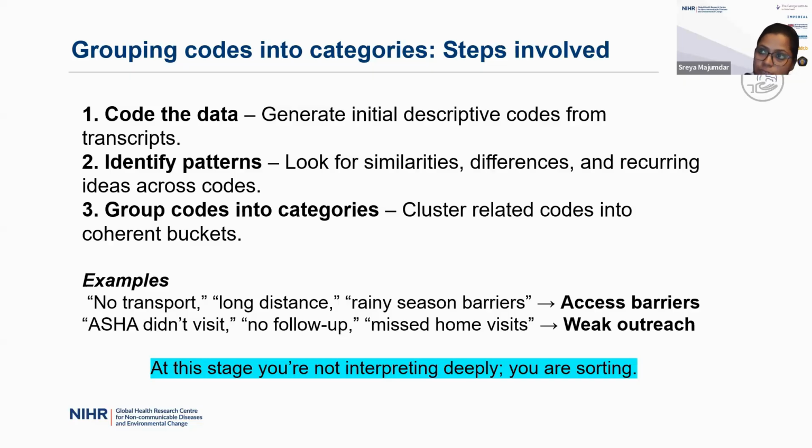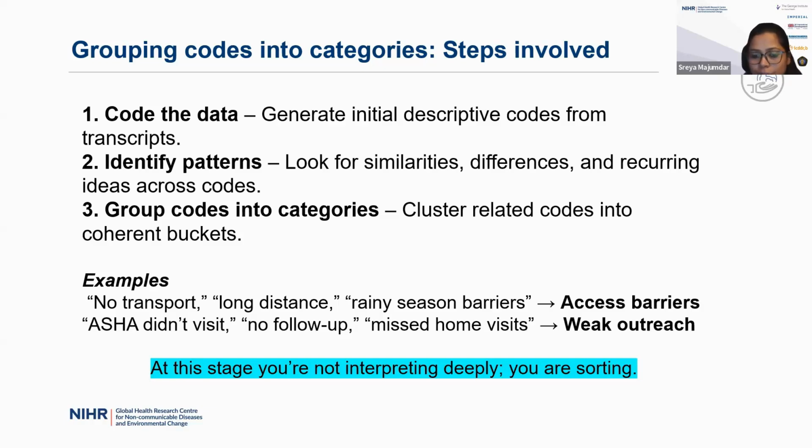Then you group these codes into categories, like categories or clusters related to these codes, and you pull them in a bucket. So again, for example, you have no transport, you have long distance, rainy season barriers. This together implies that there was some sort of an issue related to access. So you cluster them or categorize them as access barriers. The second one is ASHAs didn't visit. There were no follow-ups, missed home visits.